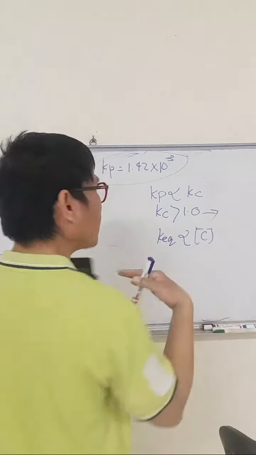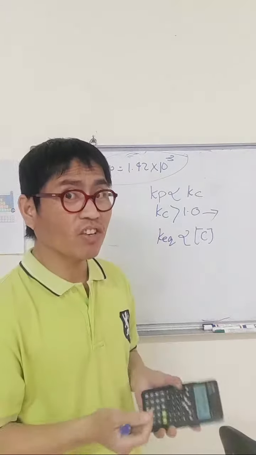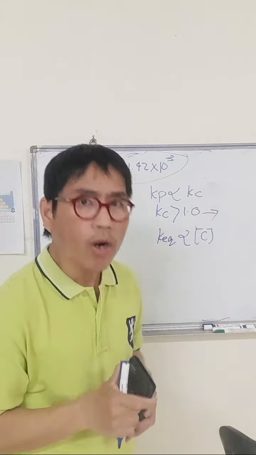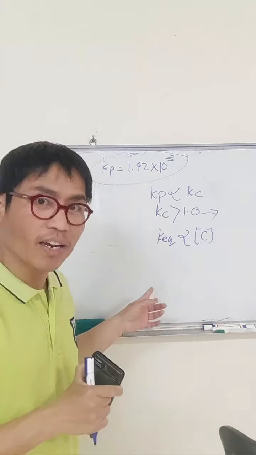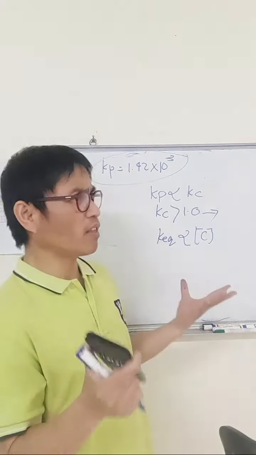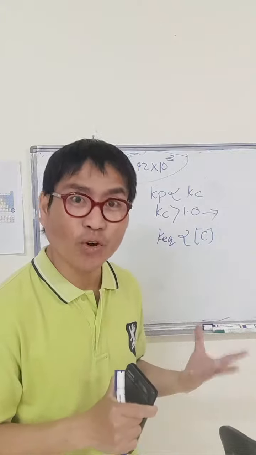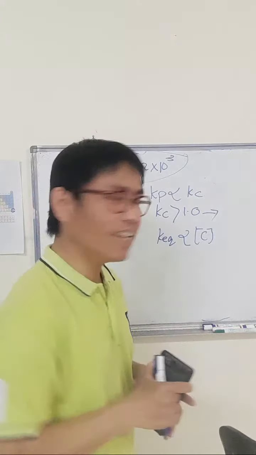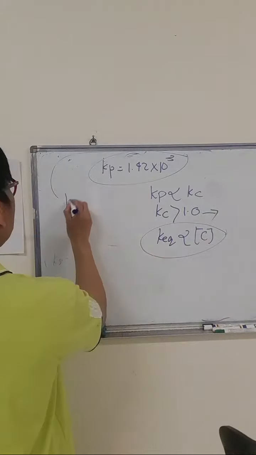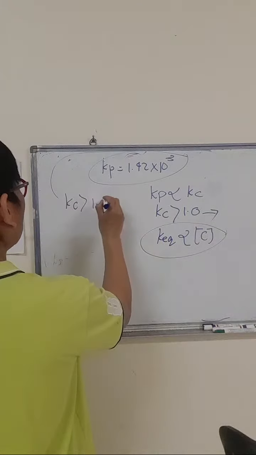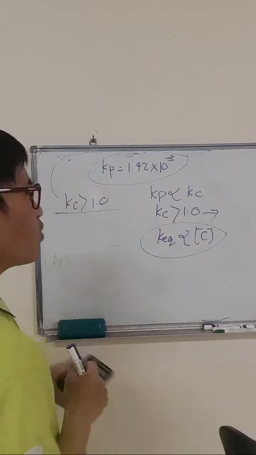Meaning, it could either be the concentration of the reactant or the concentration of the product. It doesn't matter at all because this is general. Not a hypothesis, this is already a confirmed principle.